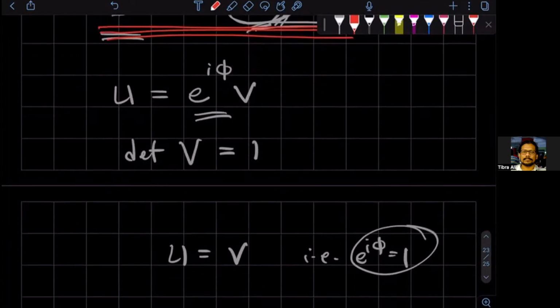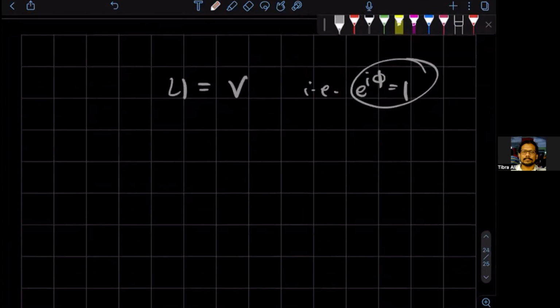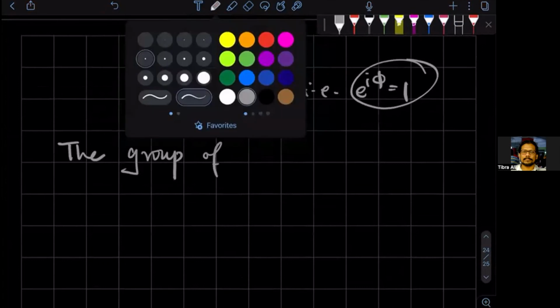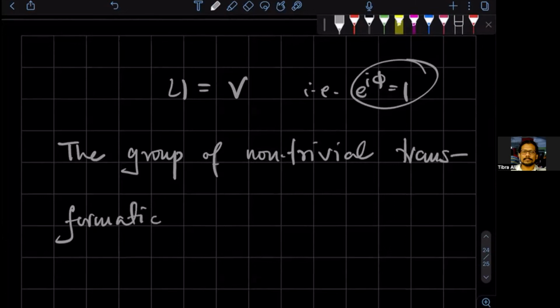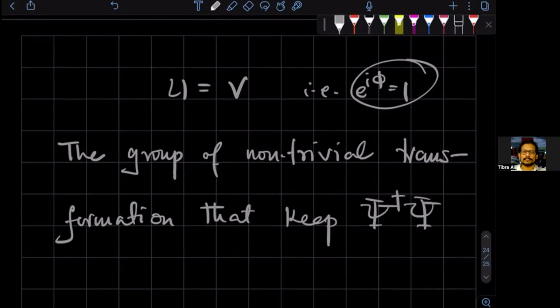So in essence, the group of matrices, or the group of non-trivial transformations, that keep this thing invariant is SU2.